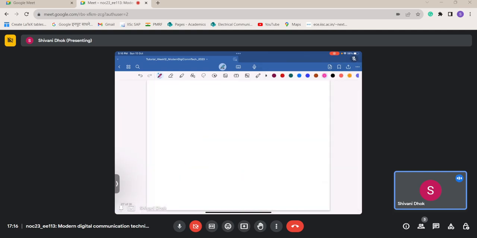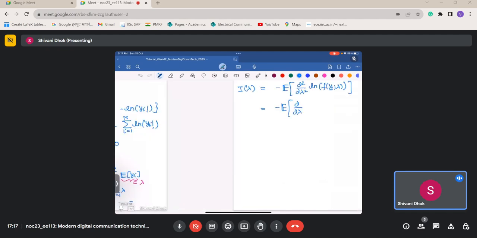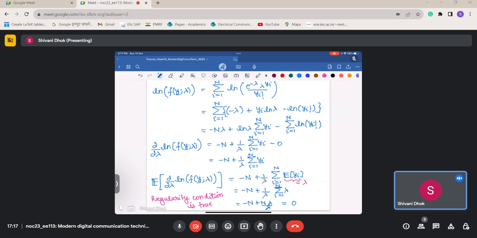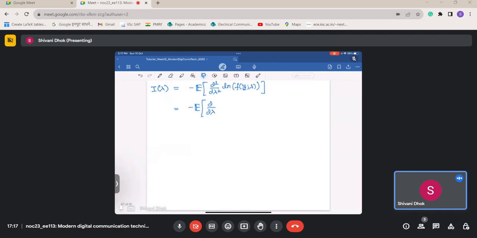So now we need to find I of lambda, which is equal to minus the expectation of del 2 by del lambda square of the log likelihood function, which is equal to minus the expectation of del by del lambda of the first differentiation of this log likelihood function, which is basically minus n plus 1 by lambda summation i equal to 1 to n of yi, this quantity. So I can just take this and paste here.